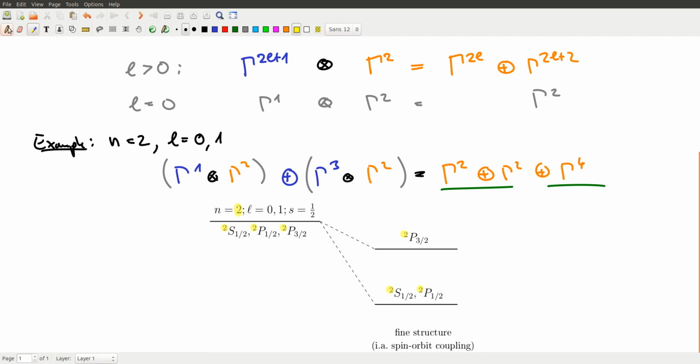Now the L is translated to some funny letters. So L equals 0 is called an s orbital. So that's the s here. And the L equals 1 is called a p orbital. So that's the p here.